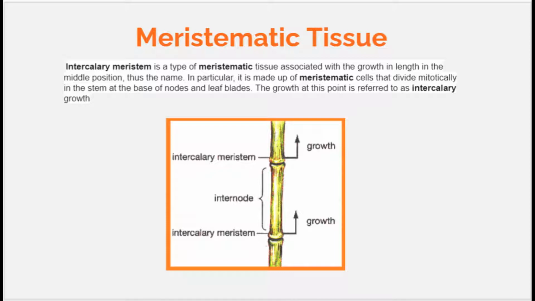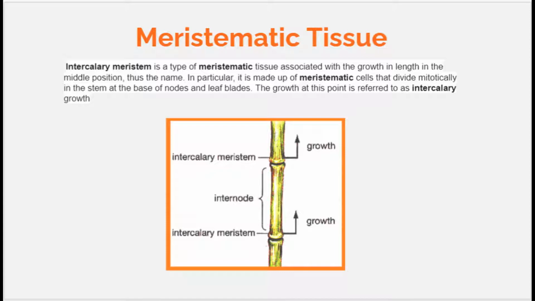So we can say that in the region where the branches or the leaves grow on the stem, the intercalary meristem is not found, but between two adjacent positions, just between them, the intercalary meristem is present.